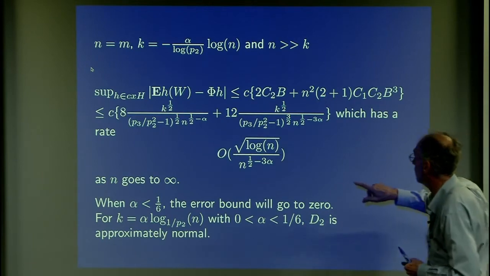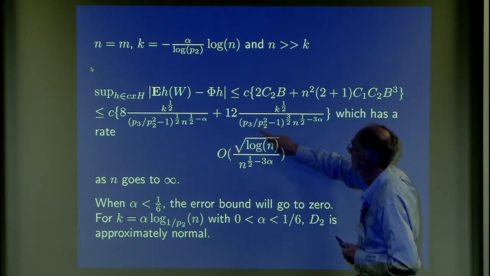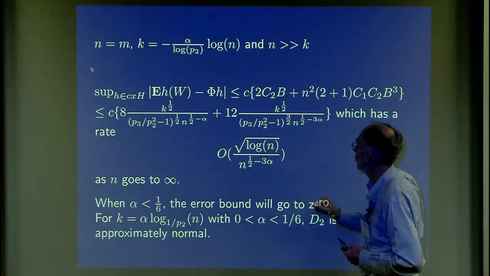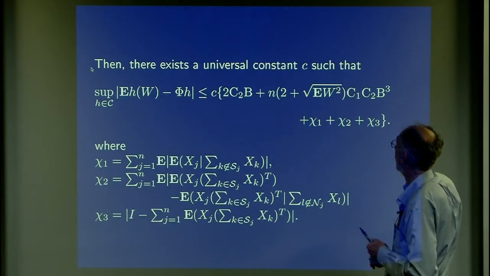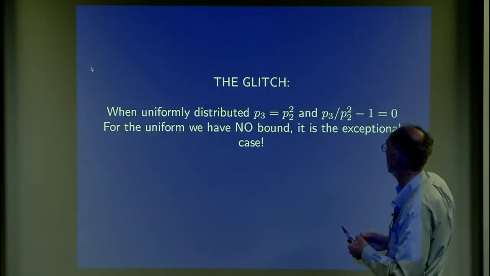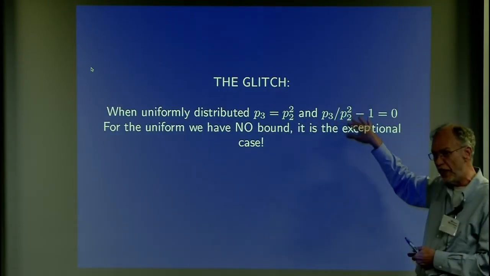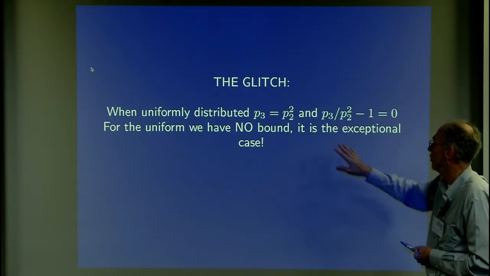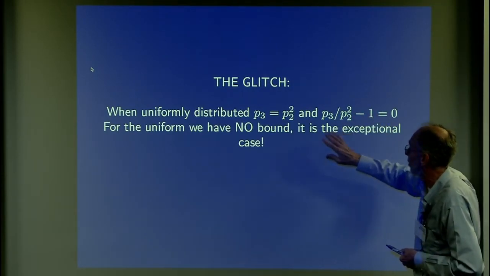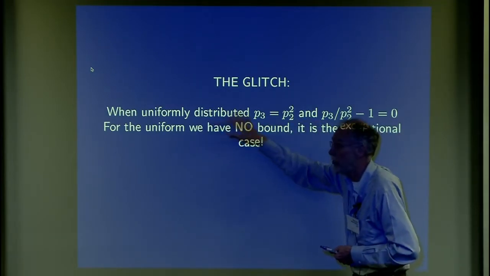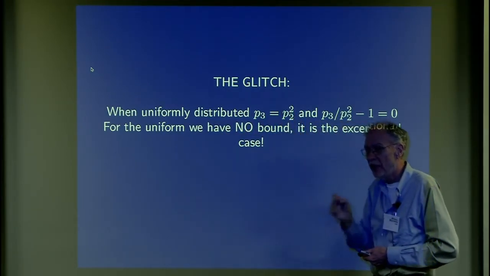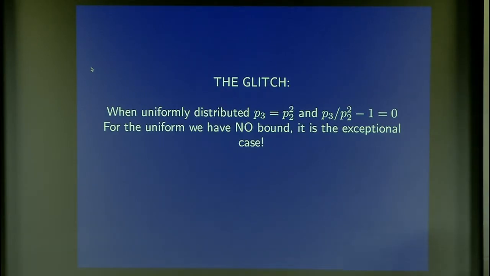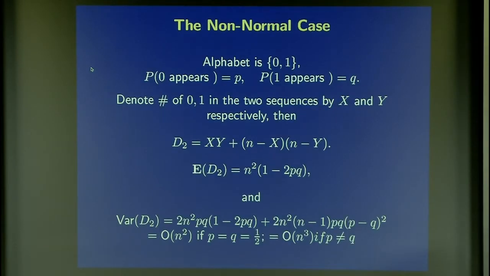But when you go back here, the probability of 3 letters matching divided by the probability of 2 letters matching squared is 1. So there was a 0 divide in that bound that I kind of blithely went through. That's, of course, only true for the uniform distribution. And that's where the uniform came in to be a different story.